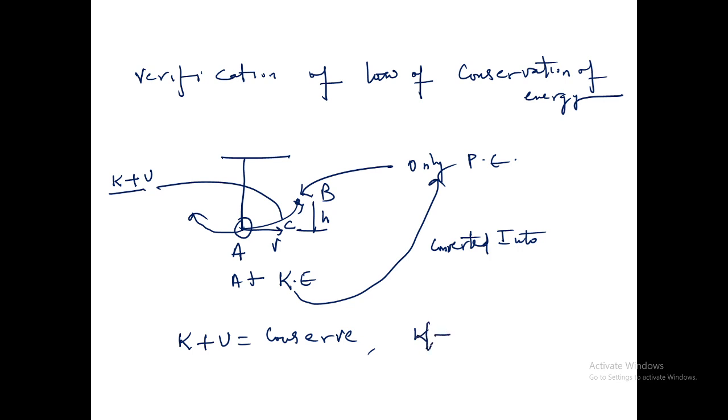So when K decreases, U will have to rise, and if K rises, then U will have to decrease to keep K plus U conserved. So these are the features of conservation of energy in the case of the bob.